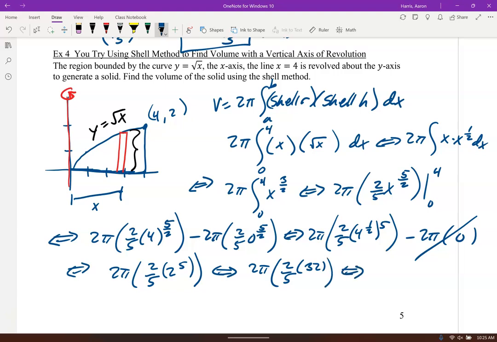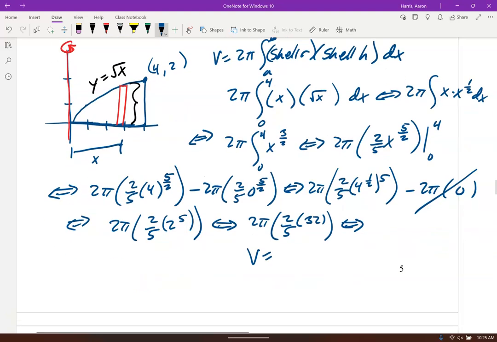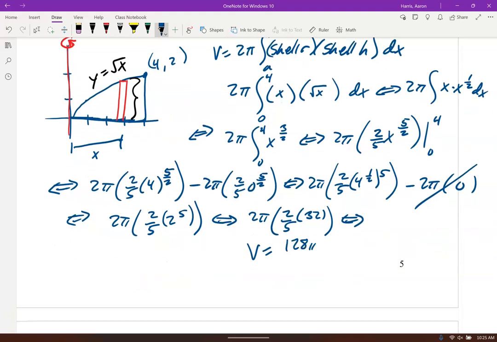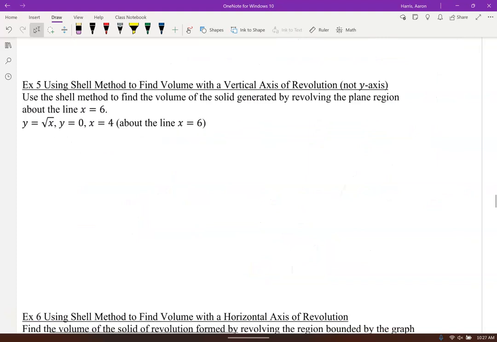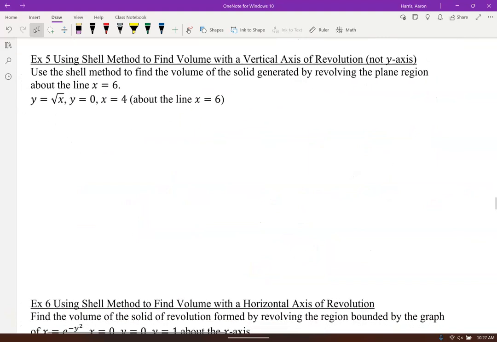So we got 64/5 times 2 pi. So our volume here is 128 pi over 5 cubic units.